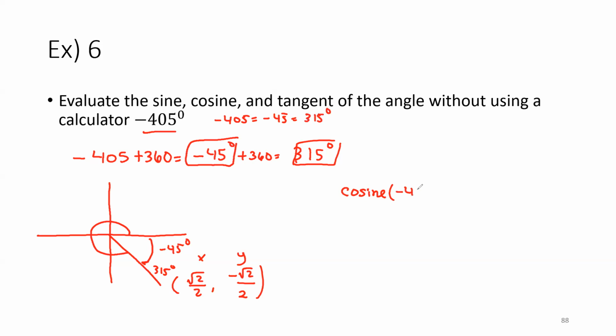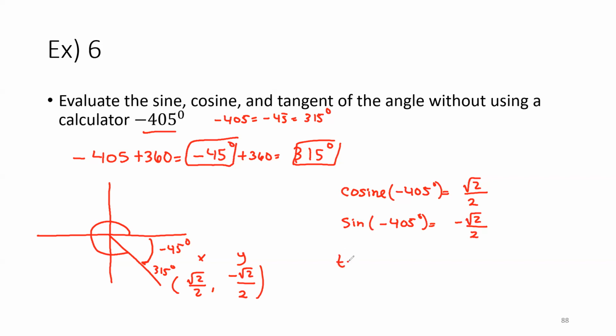Okay. So it is a degree within the unit circle. So it's the x coordinate, so that is radical 2 over 2. The sine of negative 405 degrees is the y coordinate, which is negative radical 2 over 2.